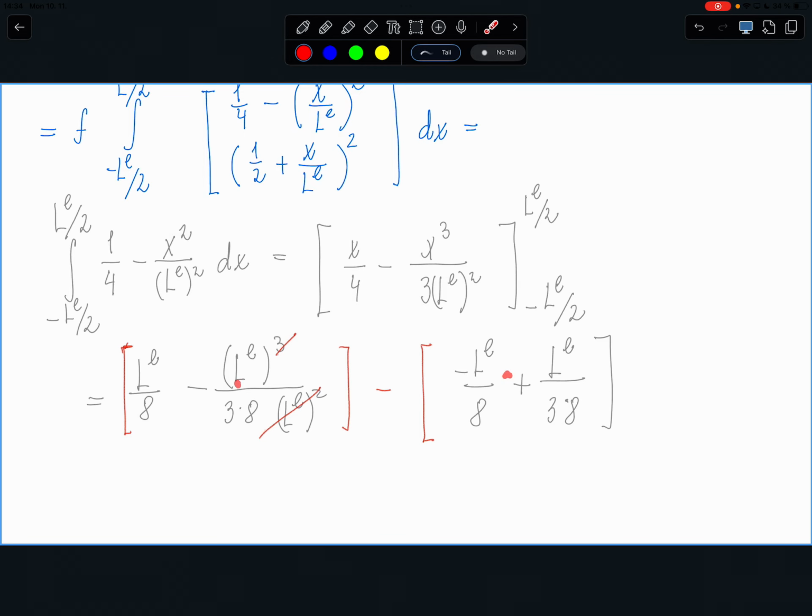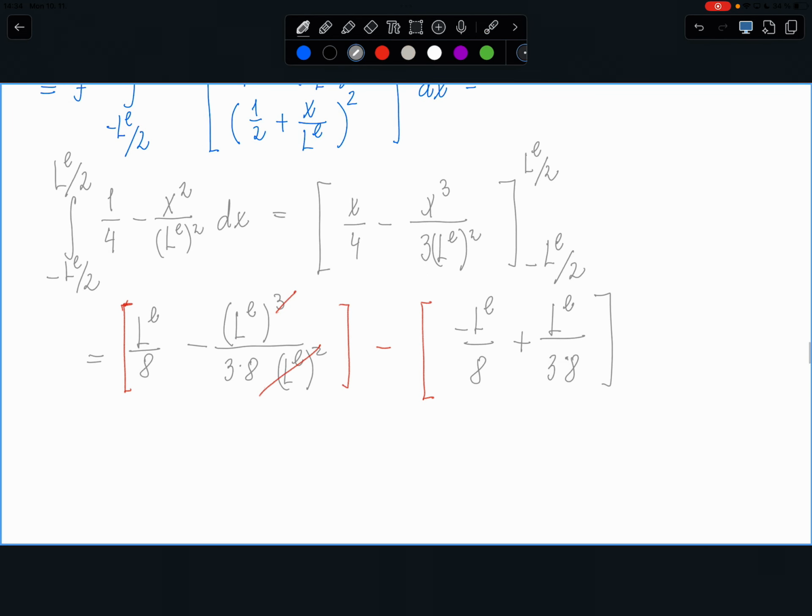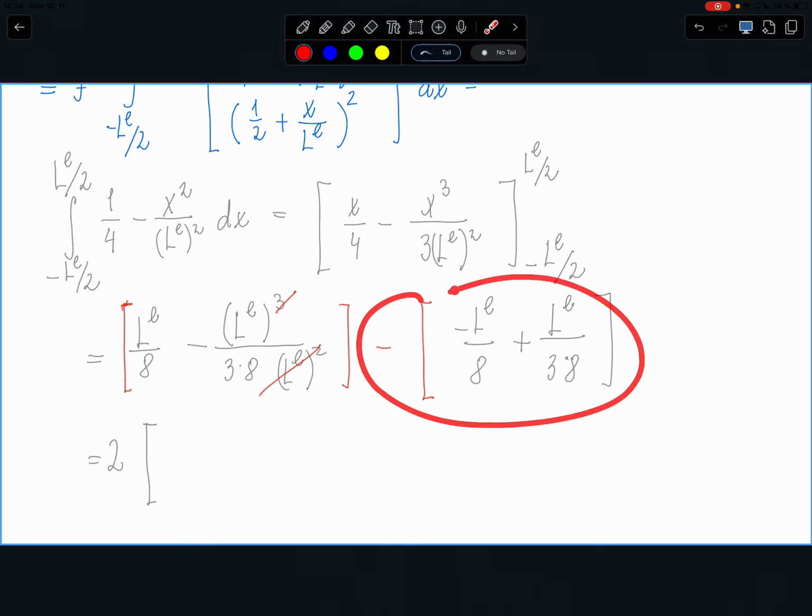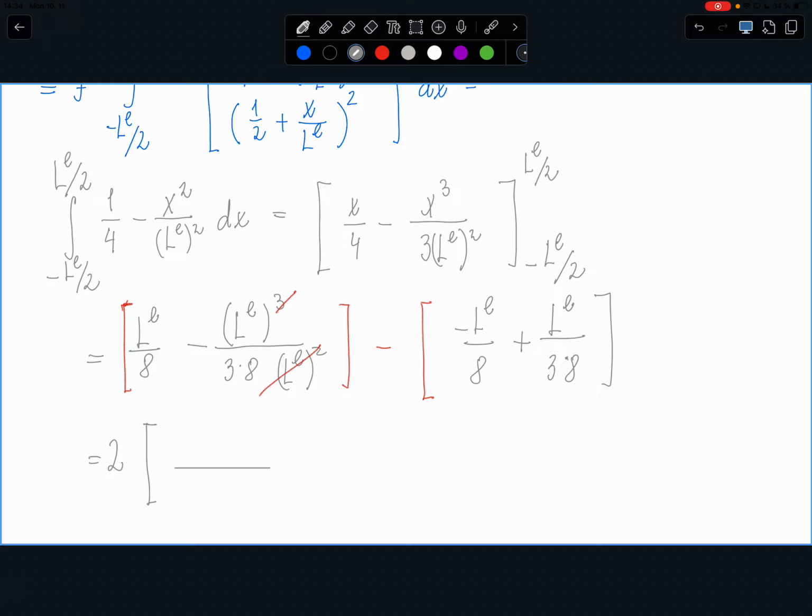So the result is actually 2 times, because again this is the same as this one. So this is 2 times, and now I will say that this is 3 times 8. So here I will have 3 minus 1. And this is to be multiplied by LE.